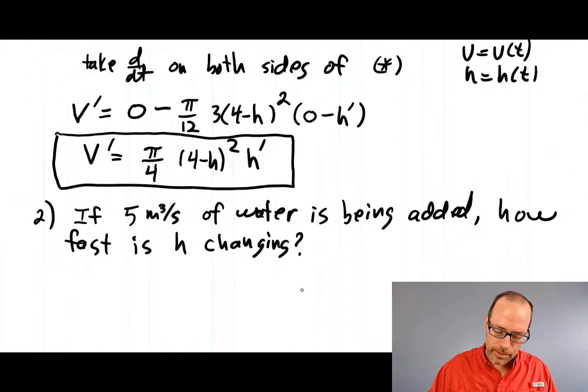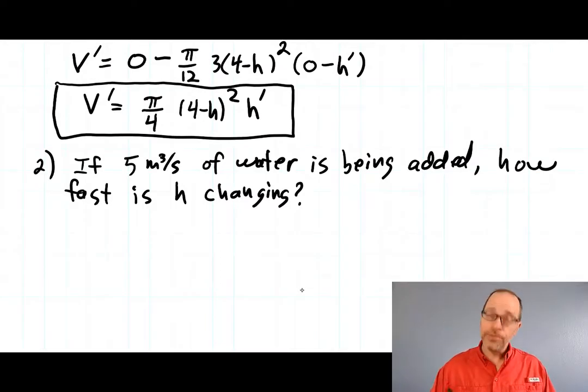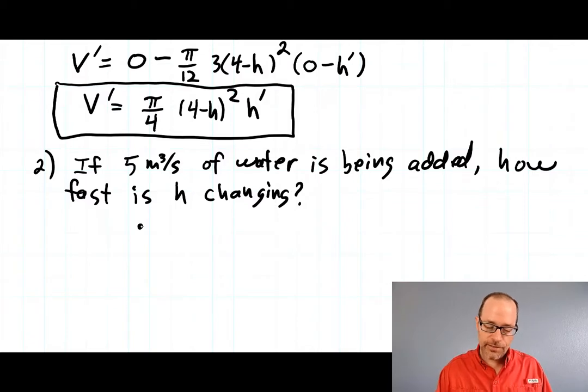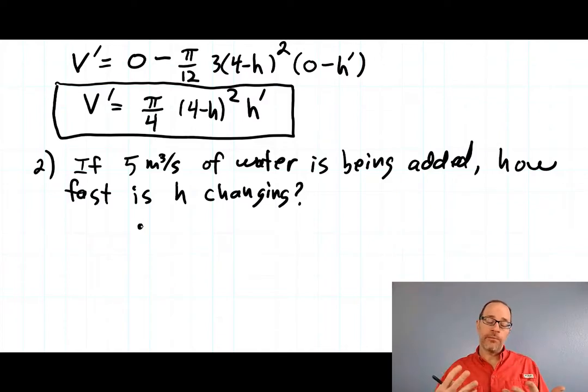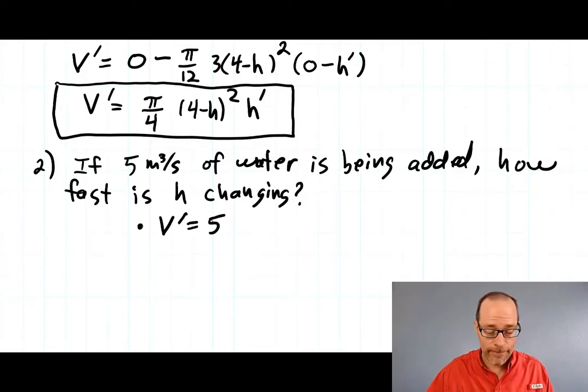All right. So first of all, you have to decode the two pieces of information they gave you. The first is this 5 cubic meters being added every second. What that really says is the volume is going up by 5 every second. And so what it's really giving you is the rate of change of V, in other words, the derivative of V. So the first thing they told you is V prime is 5.